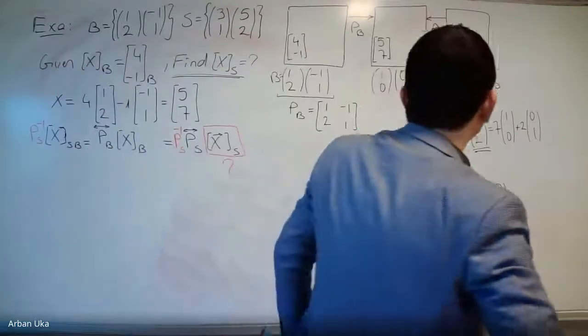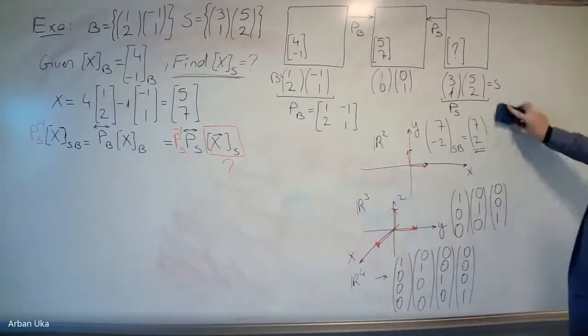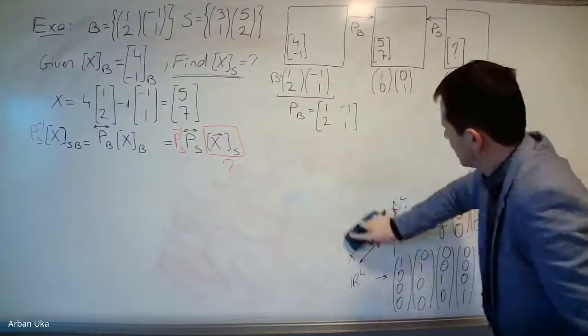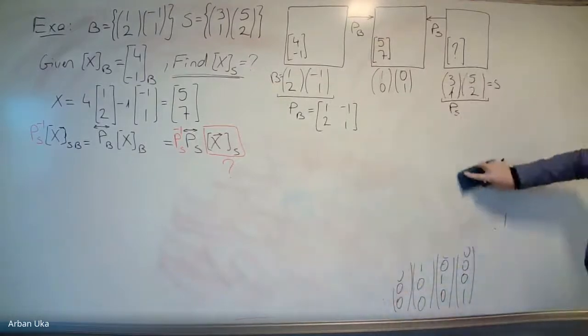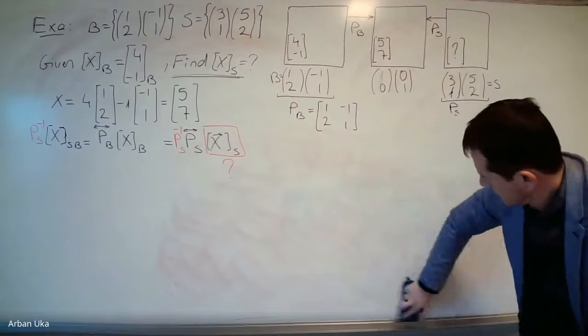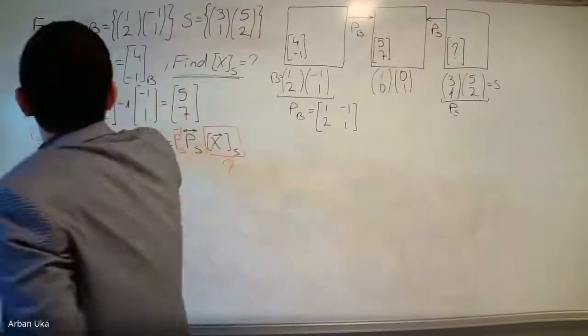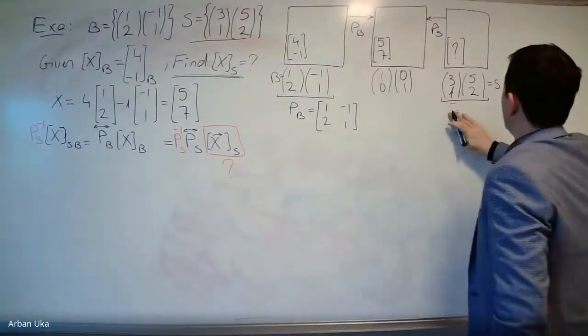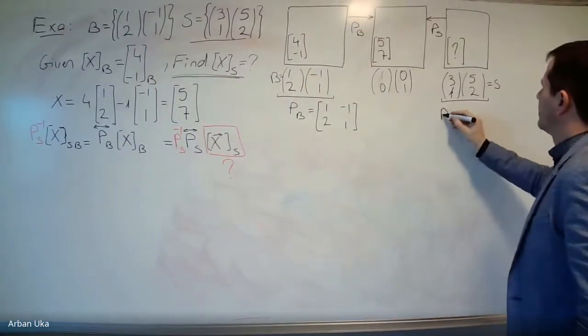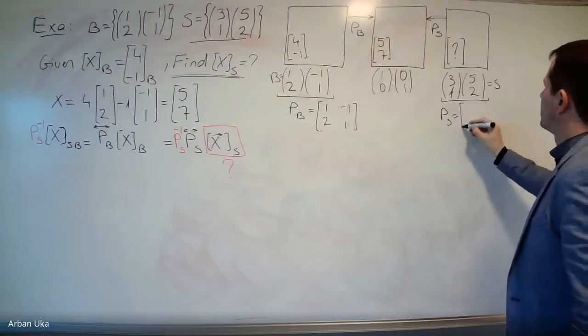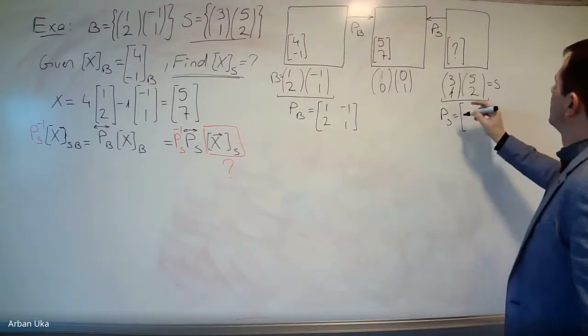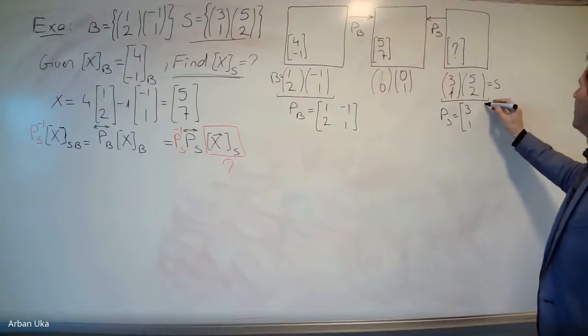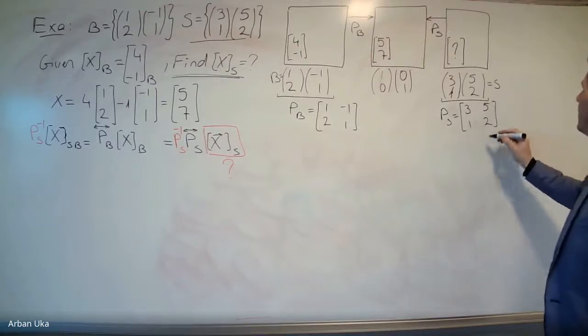Then we have this other basis. So let's not forget, in the problem we are given also the basis of S. Then we can immediately write down that PS is equal to 3, 1, 5, 2.